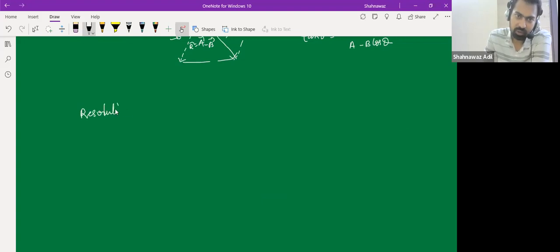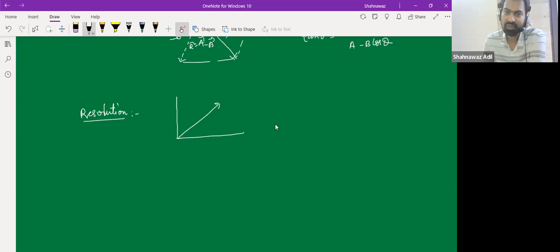And then we learned what is the resolution of vectors. In the last part, we learned that we can resolve any vector in the Cartesian form. So we have this angle and we have this magnitude. I can write the x component, which is ax, and this would be a cos theta, and the vertical component ay, which is a sin theta.